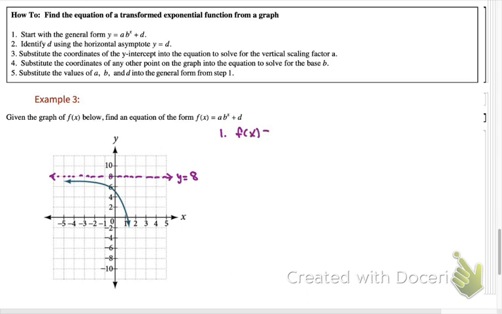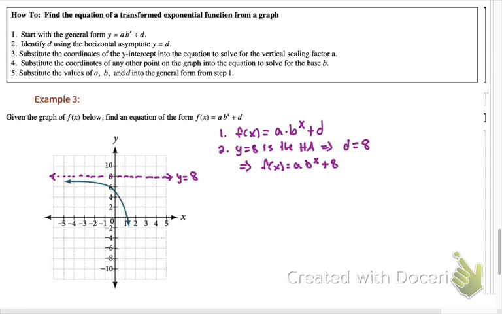We're trying to find this function, f of x equals a times b to the x plus d. Now number 2, y equals 8 is the horizontal asymptote, and that tells us that d must be 8. Then I'll replace that value in my general form. f of x would be a times b to the x plus 8.